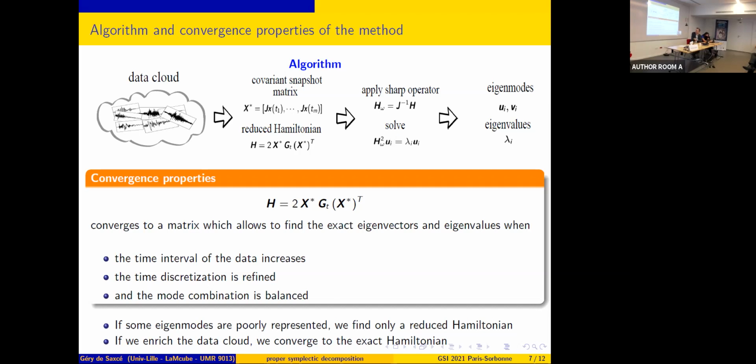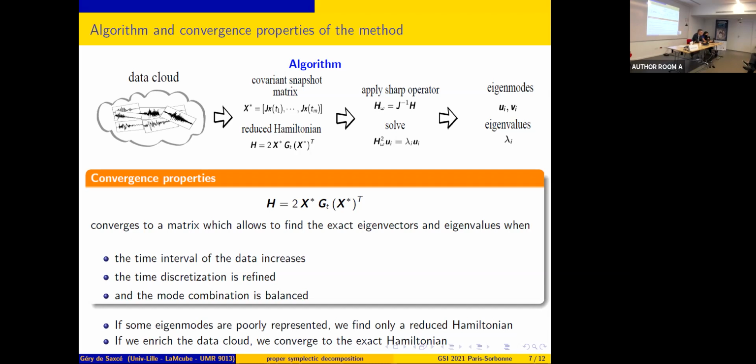We can prove that the matrix given by this formula converges to a matrix which allows us to find the exact eigenvectors and eigenvalues when the time interval caps T of the data increases, the time discretization is refined, so m increases, and the mode combination is balanced, in a sense that will appear later on.